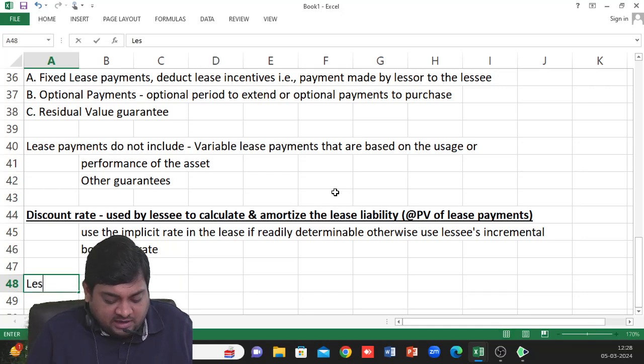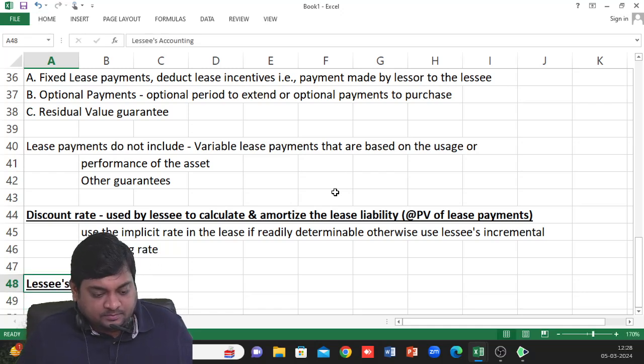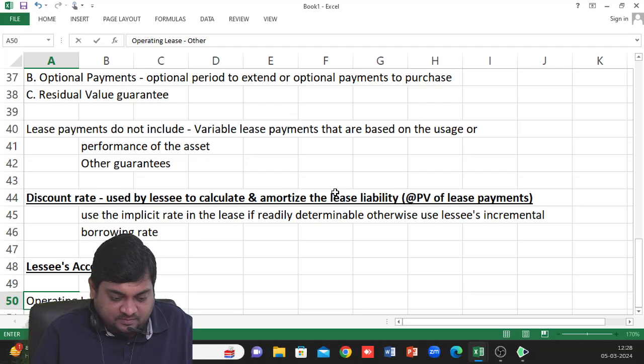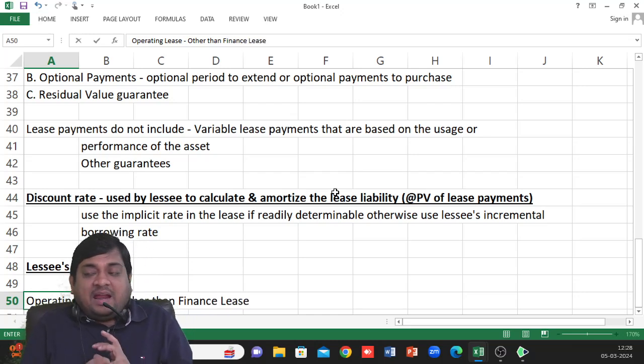So we are starting lessee's accounting. Now we'll be talking about operating lease. This is other than finance lease. It means that the criteria is not fulfilled.